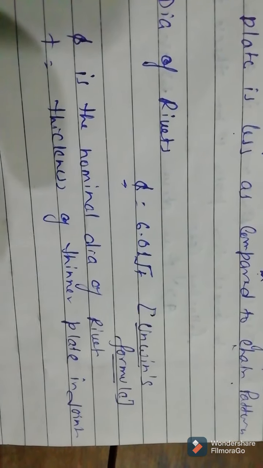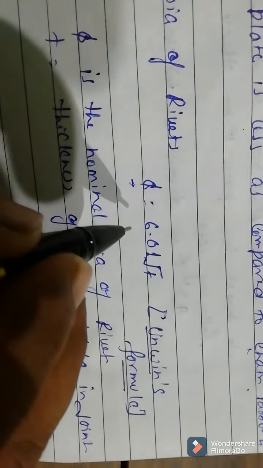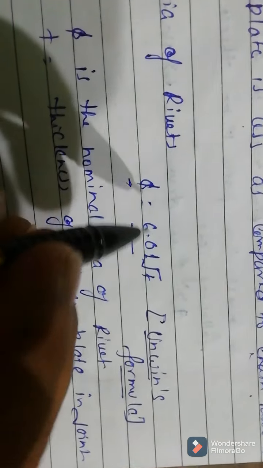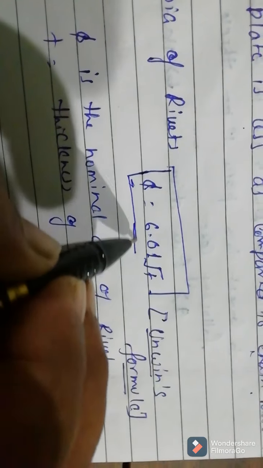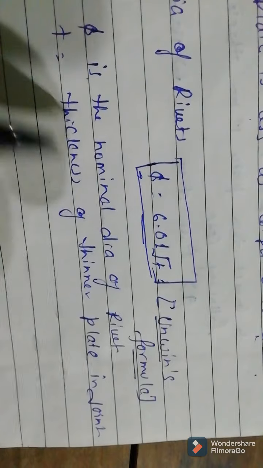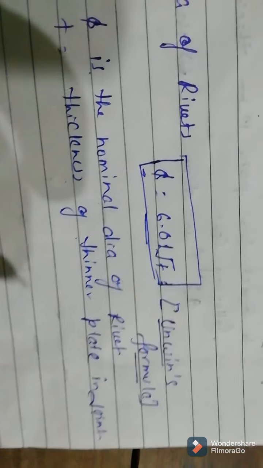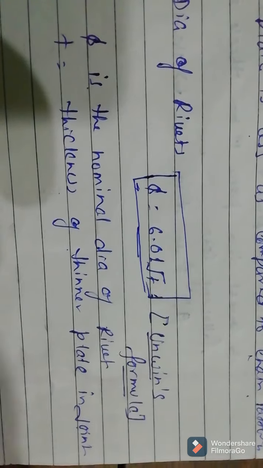So nominal diameter equals 6.01 under root t. Remember, in some books 6.05 is given, which is wrong. Clearly this is Unwin's formula, 6.01 under root t. Here phi is the nominal diameter of the rivet and t is the thickness of the thinner plate in the joint, as already discussed for butt joints and lap joints.